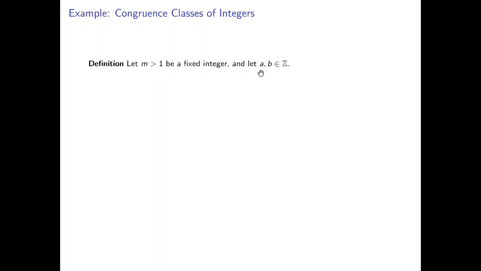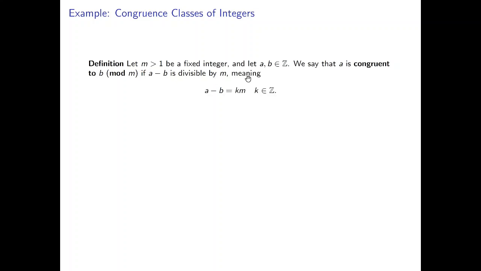And let's suppose A and B are two other abstract integers. We're going to say that an integer A is congruent to an integer B mod m if, when I look at the difference A minus B, this is divisible by m. Or equivalently, A and B are congruent mod m if A minus B is some multiple of m.